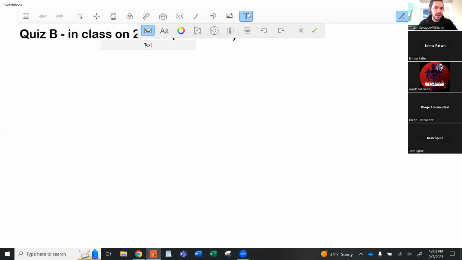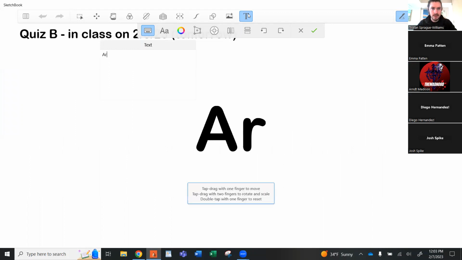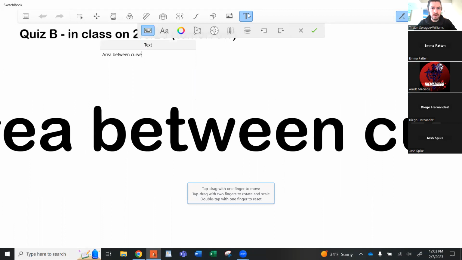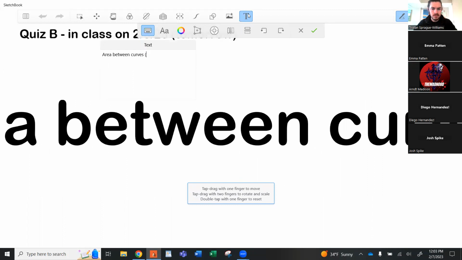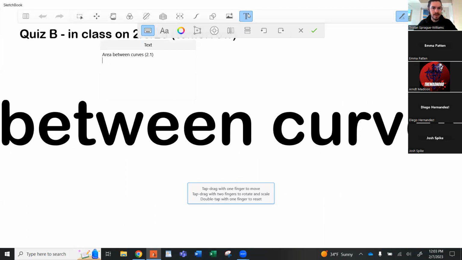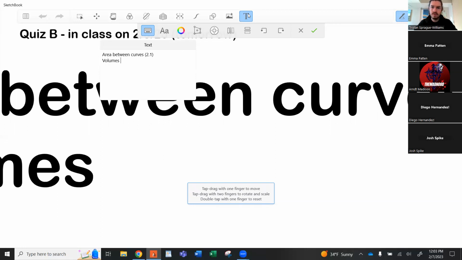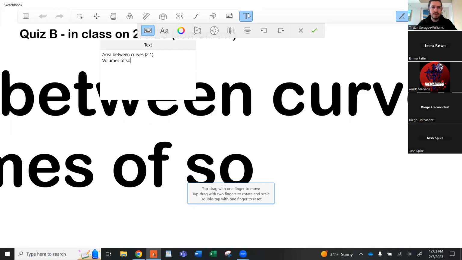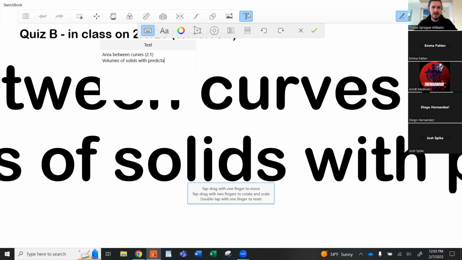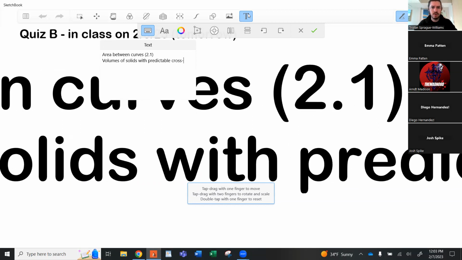What are we going to be doing? Mainly the stuff we've been doing lately. Area between curves, 2.1. Volumes of solids with predictable cross sections, or consistent maybe is a better word than predictable.